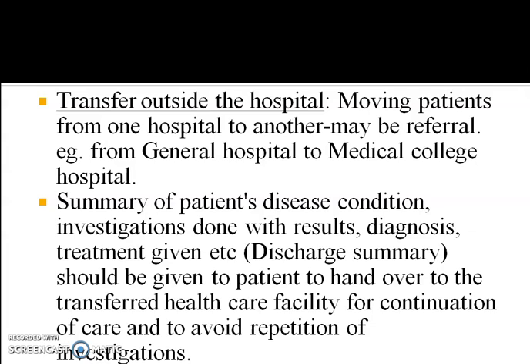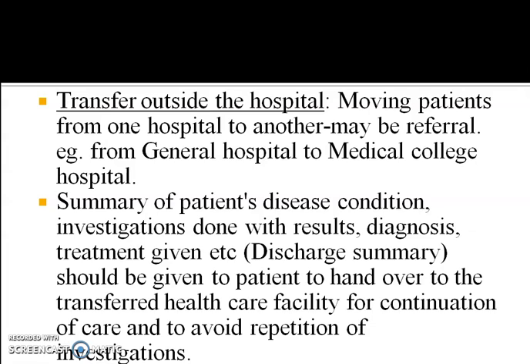Then the summary of the patient's disease condition, investigations done with results, diagnosis, then treatment given, etc. These all details should be there along with the patient. Altogether, this is called the discharge summary. This should be given to the patient to hand over to the transferred healthcare facility for continuation of care and to avoid repetition of investigations. This process is done when the patient cannot be handled or treated in our hospital and the patient is in need of higher advanced treatment.